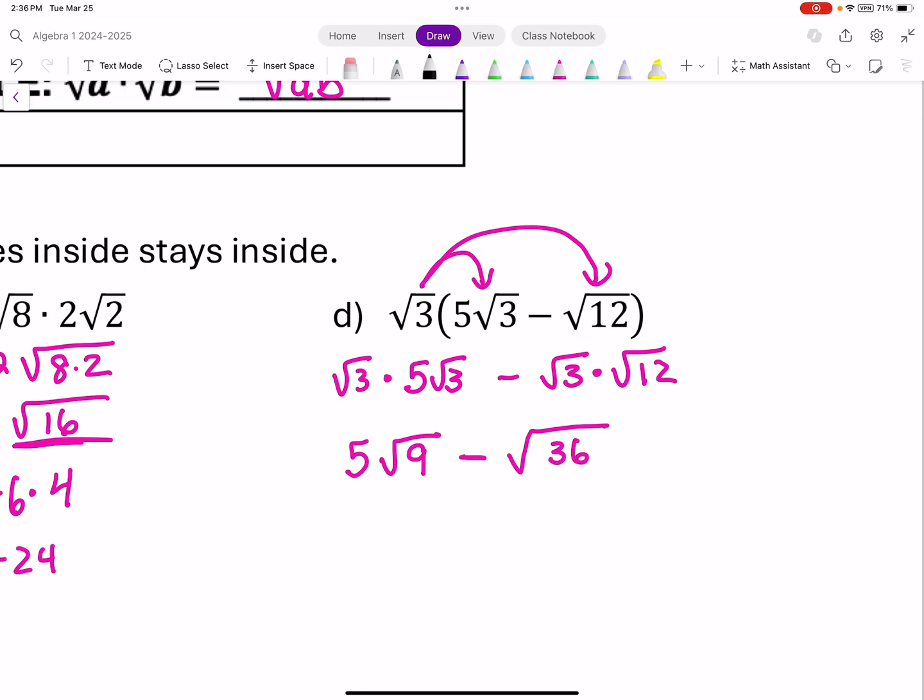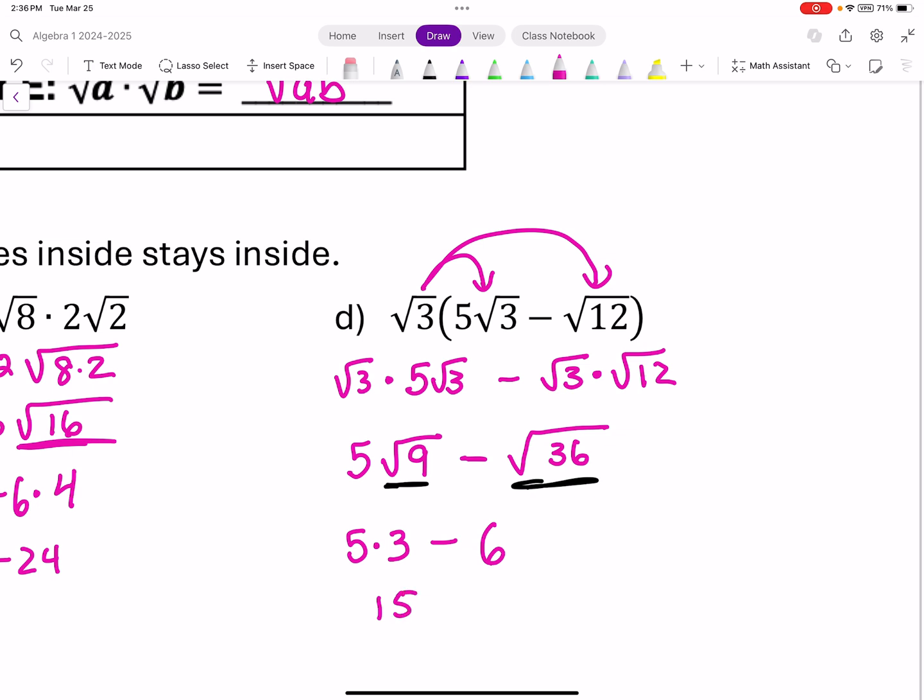Hopefully you notice again that this 9 and 36 are perfect squares. So I'm going to lose the radical. The square root of 9 is just 3. And the square root of 36 is just 6. So I have 5 times 3, which is 15, minus 6 gives me an answer of 9.